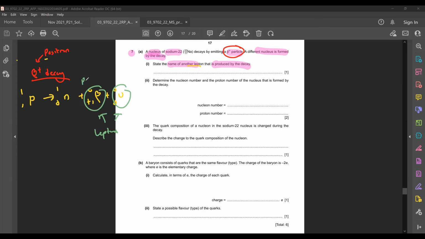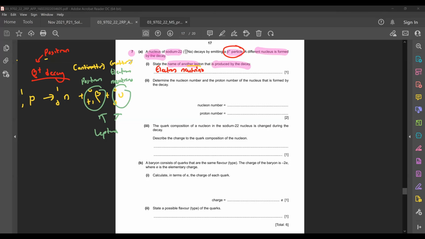This one was positron. This one was your electron neutrino. So the answer for this was electron neutrino. One thing I also mentioned to you last time is that there's a pattern here where you see that positron is an antimatter particle, an antiparticle, and this one should be matter.